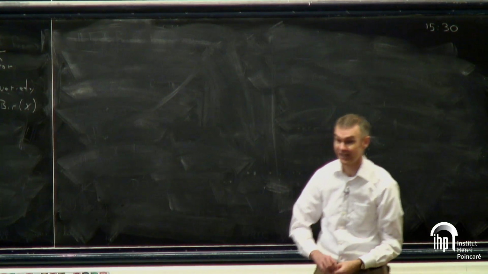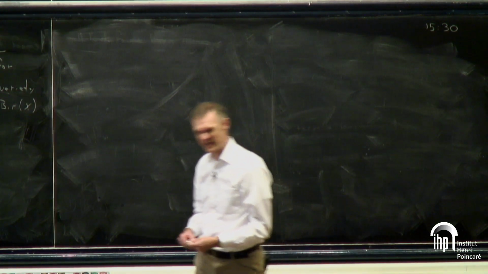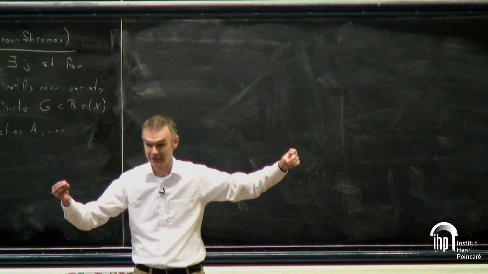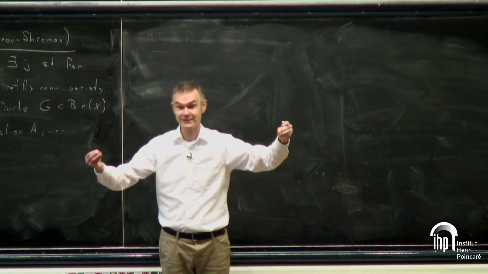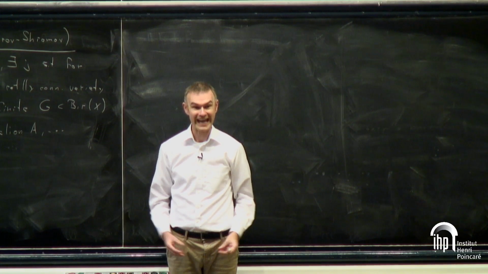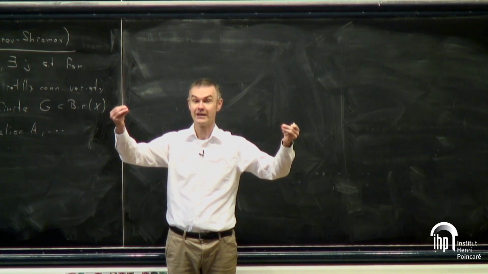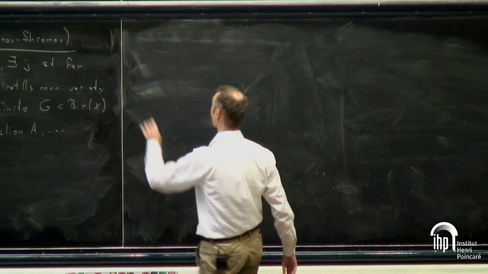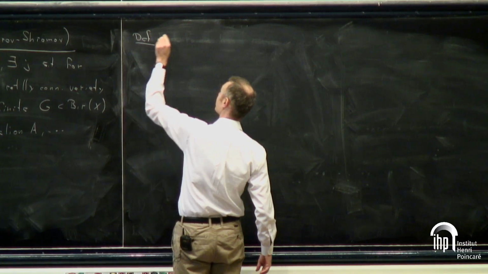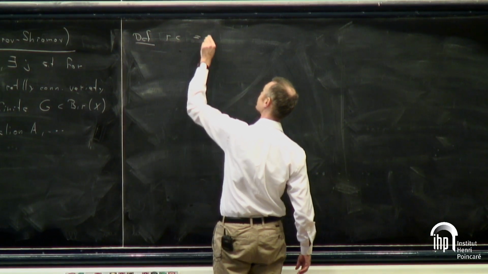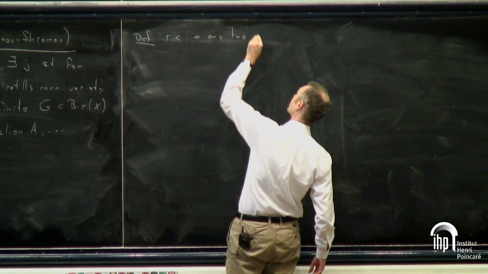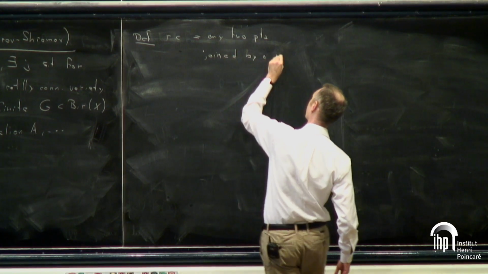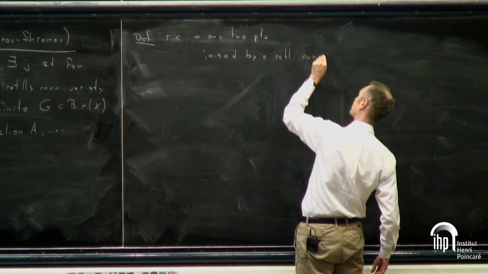However, I should say what rationally connected is. Rationally connected is like projective space. In projective space, if I'm given any two points, they're connected by a line. And a line is a rational curve. A space is rationally connected if any given two points are connected by a rational curve, which might be a line or might be of higher degree. Definition: rationally connected means any two points are joined by a rational curve.